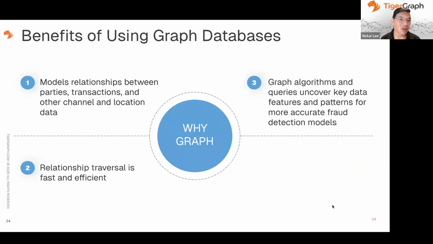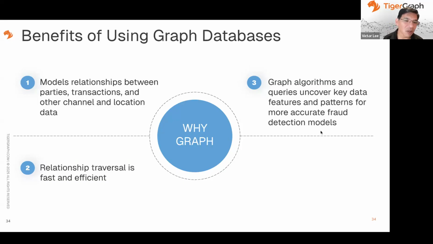Can you do this with any graph? Well, in principle, graph is what you need. Why? Because you want to represent the related data, relationship data, but you need a platform where you can traverse that data very quickly and efficiently, and you need either the query language or the algorithms to generate those features.